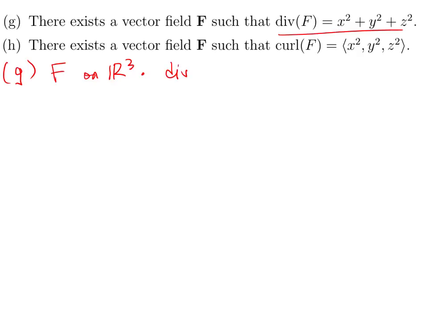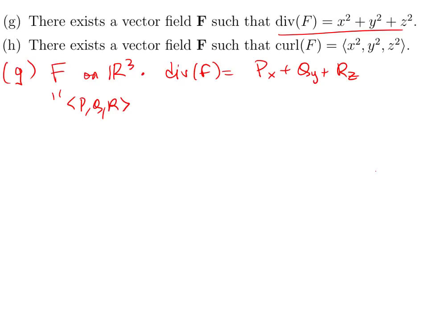So divergence of F is just Px plus Qy plus Rz, if F has components P, Q, R. So again, when you want to come up with examples, just write down the components. It'll help you search the space of examples.